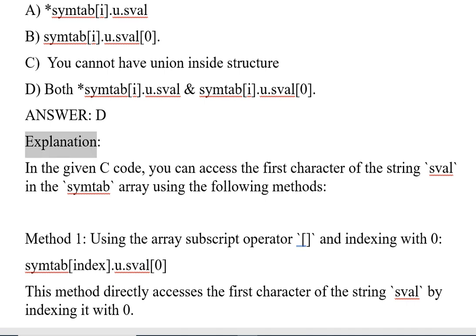Explanation. In the given C code, you can access the first character of the string sval in the simtab array using the following methods. Method 1, using the array subscript operator and indexing with 0. simtab[index].u.sval[0]. This method directly accesses the first character of the string sval by indexing it with 0.